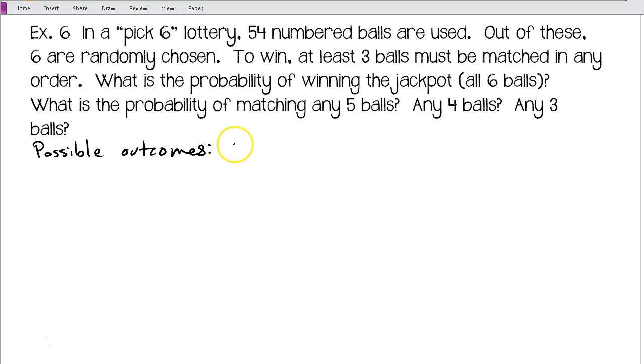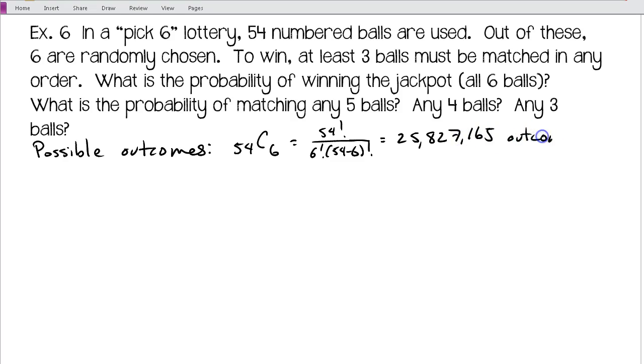So we're looking at 54 choose 6 outcomes. That's 54 factorial over 6 factorial times 54 minus 6 factorial, which is going to give us 25,827,165 possible outcomes.